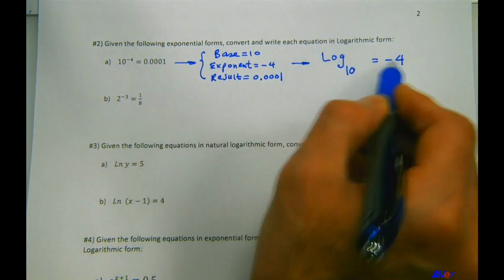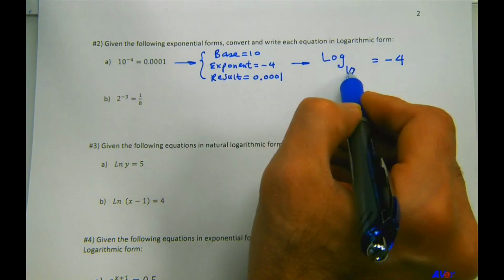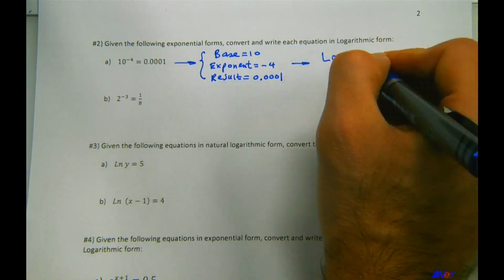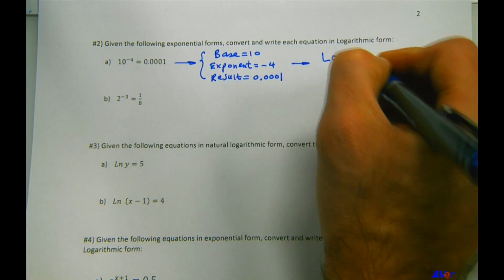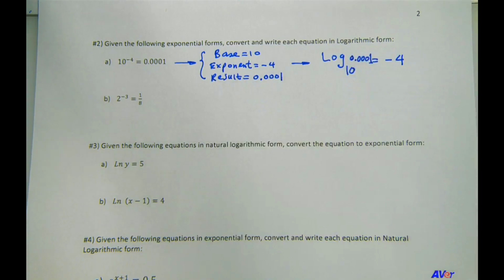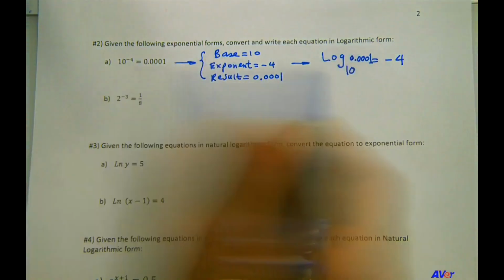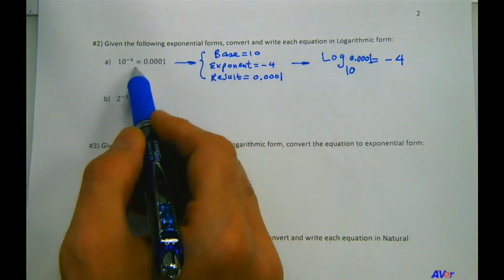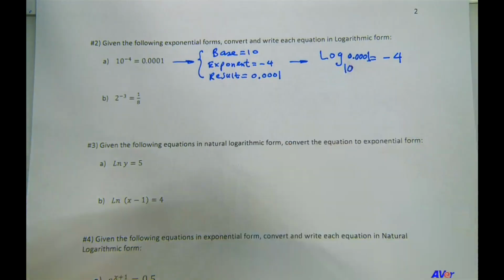The log function generates an exponent. The log has a base. And the result comes right here, 0.0001.